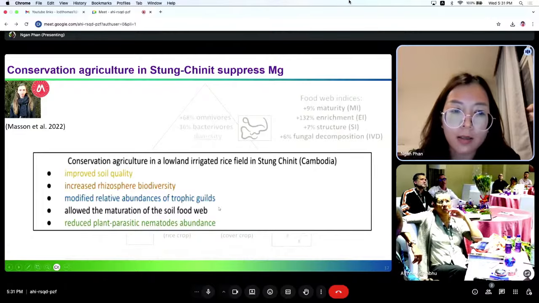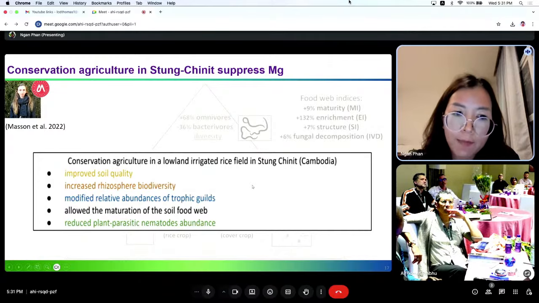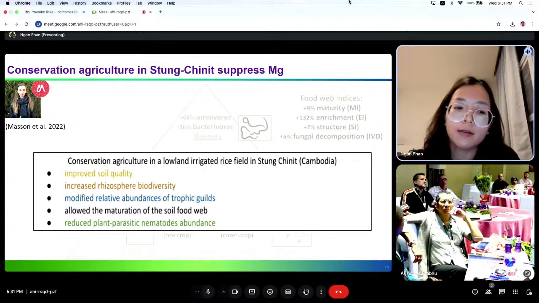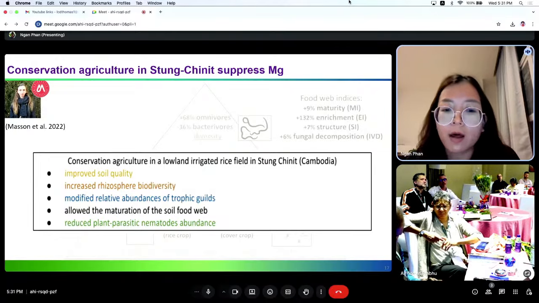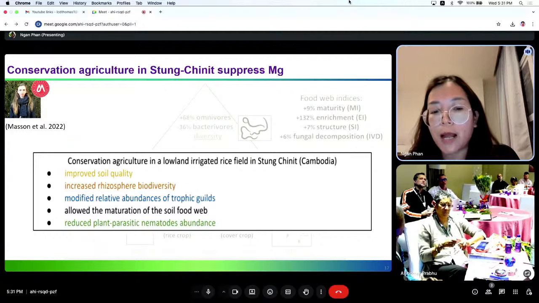So the conservation agriculture in Stung Chinit in Cambodia can improve the soil quality, and it can increase the rhizosphere biodiversity. It can modify the abundance of trophic groups, and can allow the maturation of the soil food web. And importantly, it can reduce the plant parasitic nematode abundance.